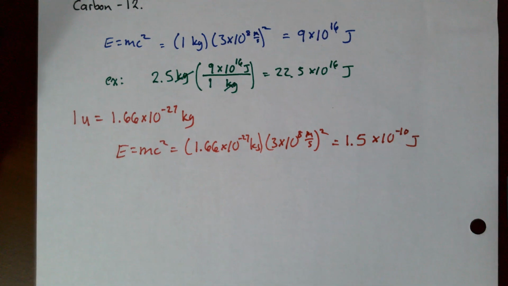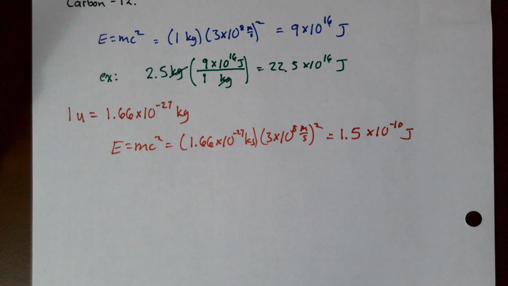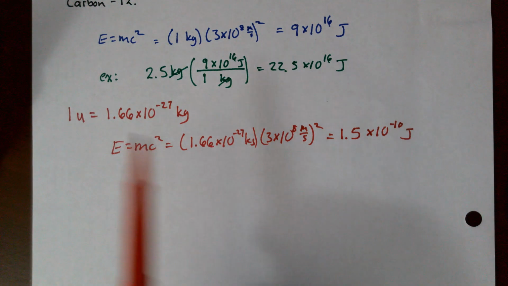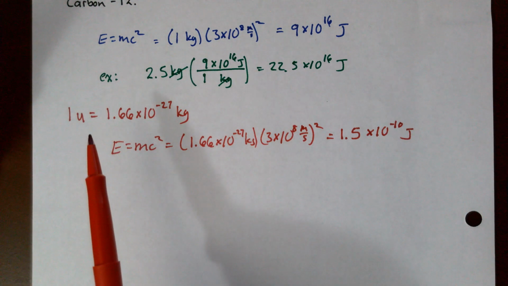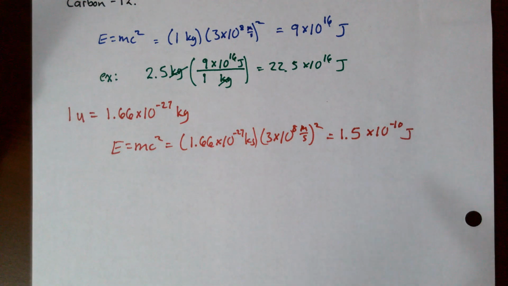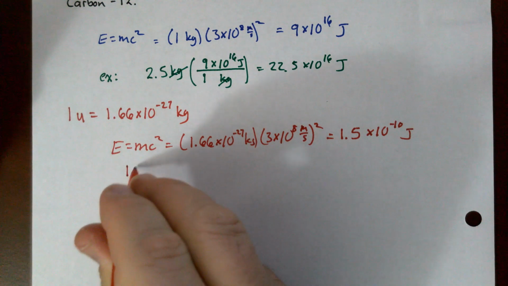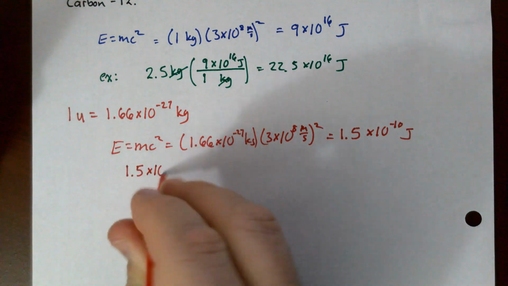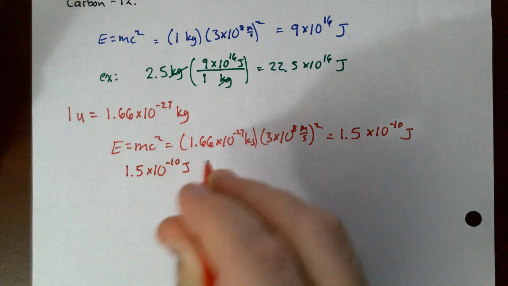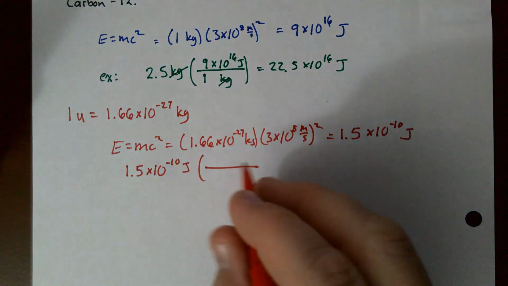So you remember learning about the electron volt, which was the energy unit for photons and electrons and things like that. We can relate atomic mass units to electron volts using a conversion factor like this. So if we take that number right there, about 1.5 times 10 to the negative 10th joules, and if you don't round it, it's actually 1.49 something something something.